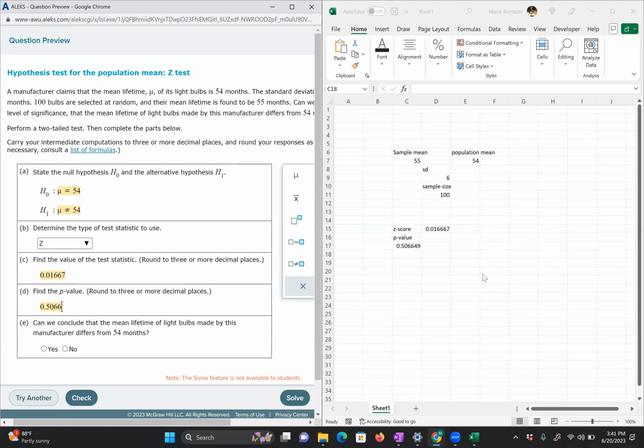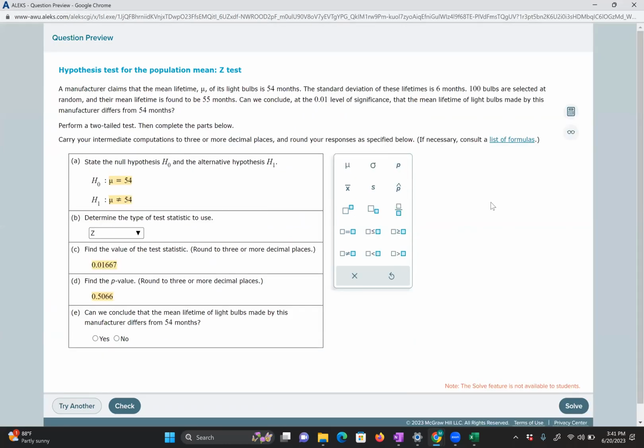Oh, we're performing a two-tailed test as well. Since we're using a 0.01 level of significance, P less than alpha, reject the null. P greater than alpha, fail to reject the null.